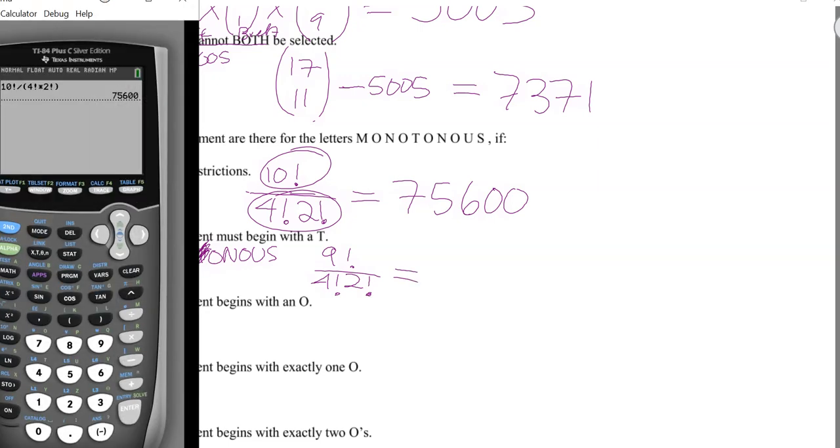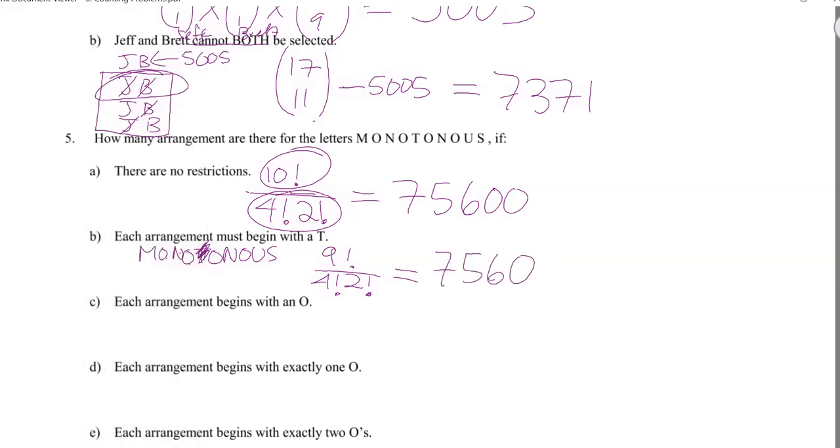So really, I can just bring this back down, go over here, delete the 10, put in a 9, hit enter, and we get 7,560. So you have to lead with a T.